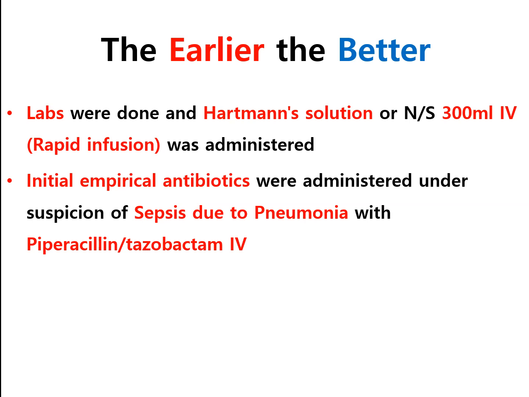Initial steps include labs and administering Hartmann's solution or normal saline 300 ml intravenous rapid infusion, and empirical antibiotics such as piperacillin and tazobactam under suspicion of sepsis due to pneumonia.